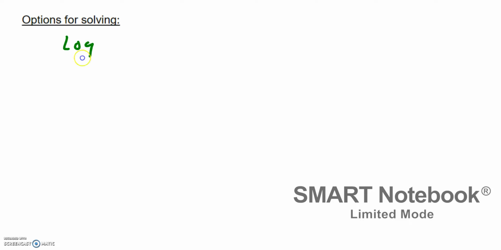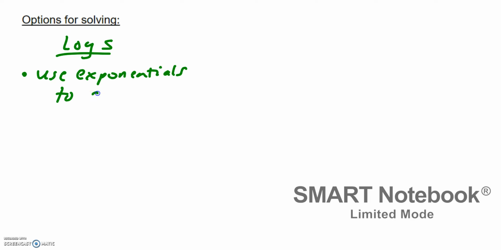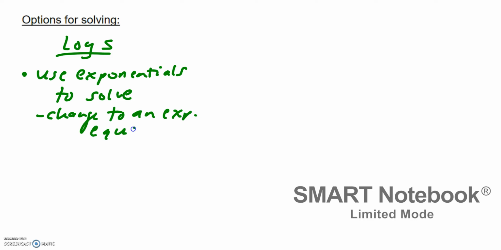So let's start with logs. If you would like multiple ways to consider solving a logarithm, what you could do is first use exponentials to solve, or think of it as change to an exponential equation. That's one option.